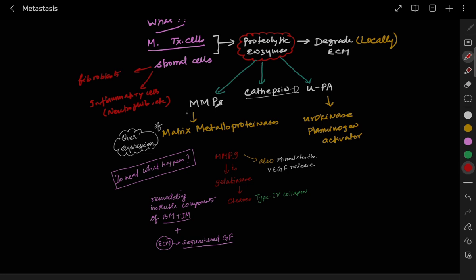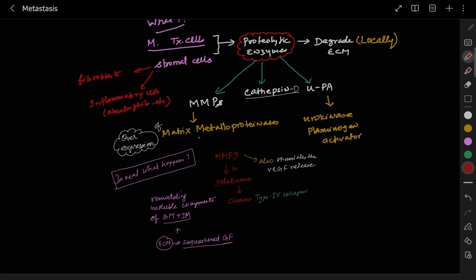The MMPs are the matrix metalloproteinases, cathepsin D, and uPA is the urokinase plasminogen activator. There are anti-metalloproteinases also. Whenever there is an overexpression of the matrix metalloproteinases, it degrades the extracellular matrix locally.